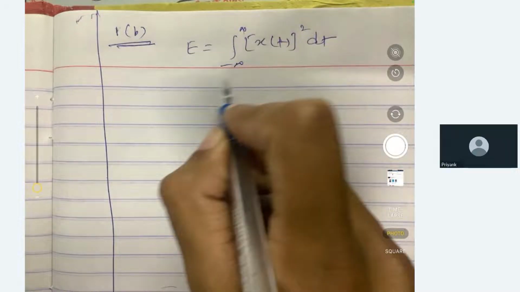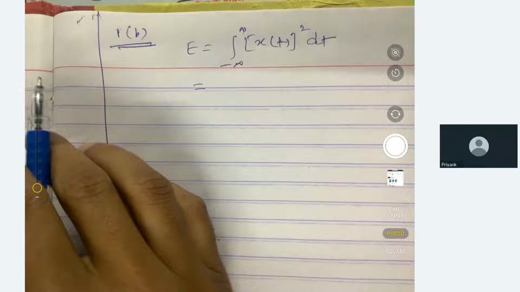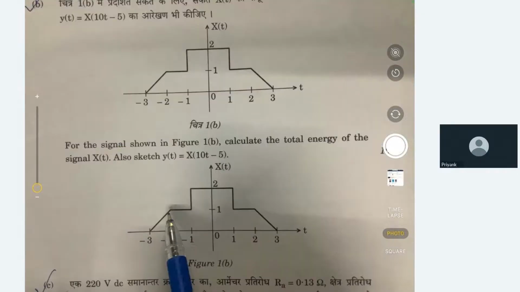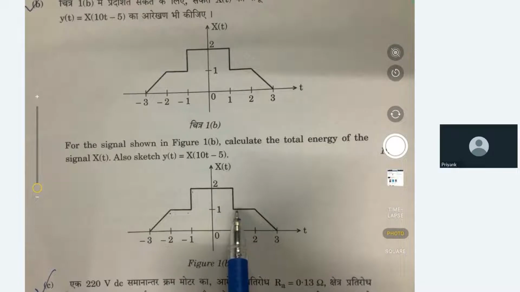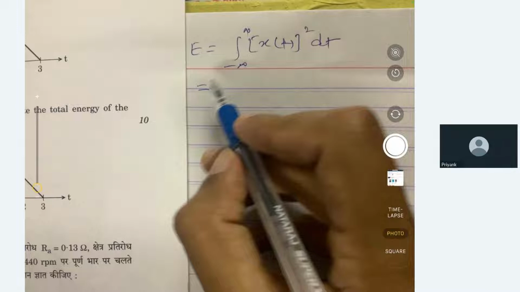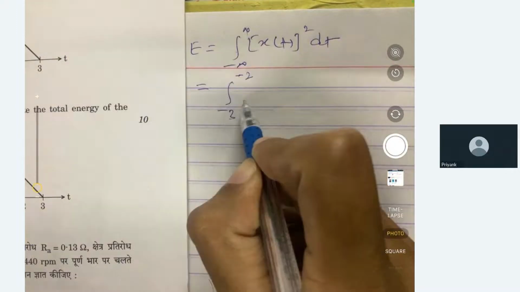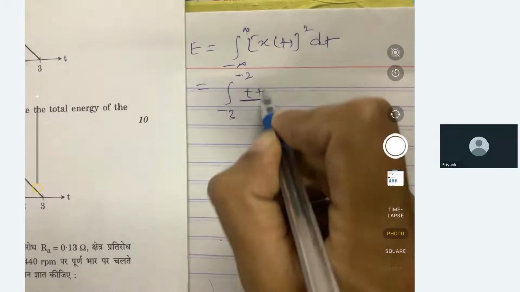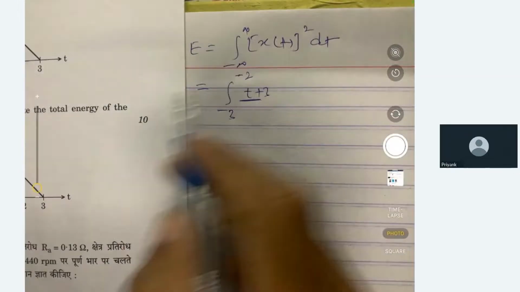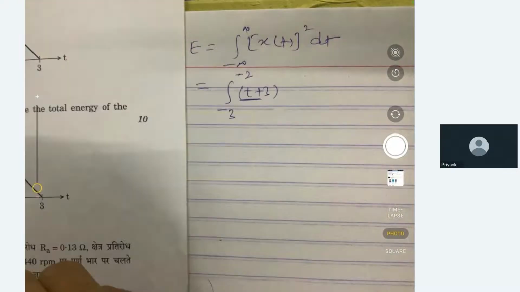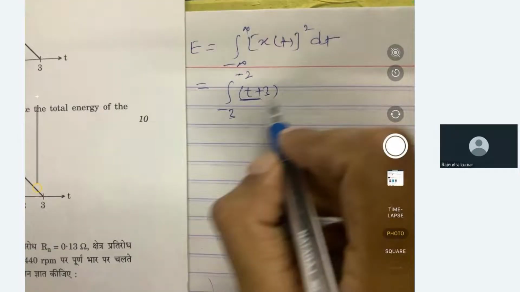First we need to find each piece of the signal. From -3 to -2, the expression will be t plus 3, if I'm not wrong. At -3 it is 0 and at -2 it is 1, so t plus 3.